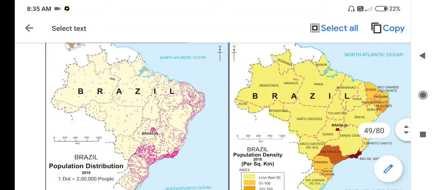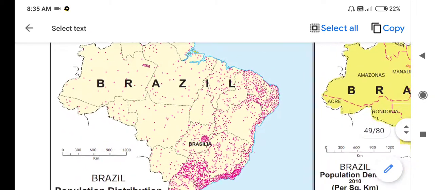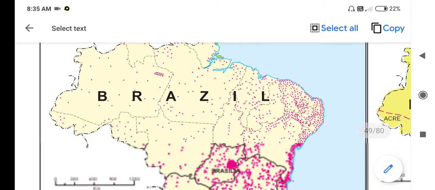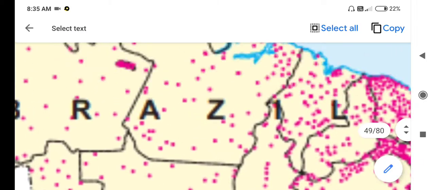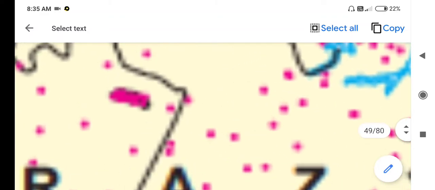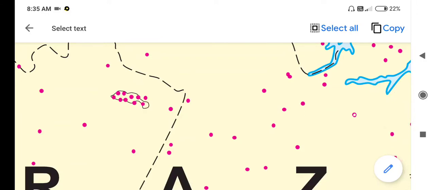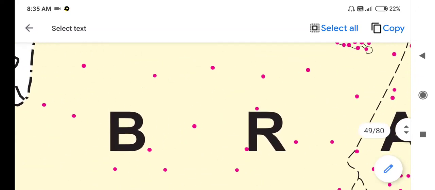So see here in Brazil, in the north and east part, we can see the population is very high, and here the population is very less because the dots are very few. If we leave this place Manaus, in the Manaus area we can find more dots. If we leave this area, then the other parts in this region have very low population.